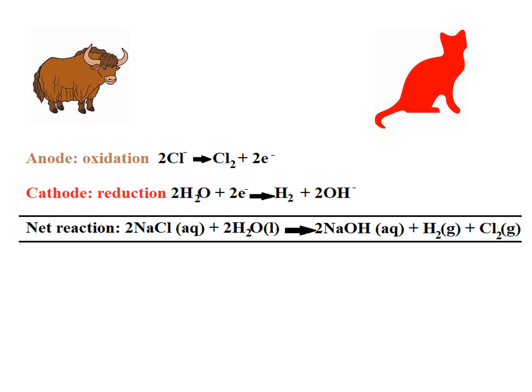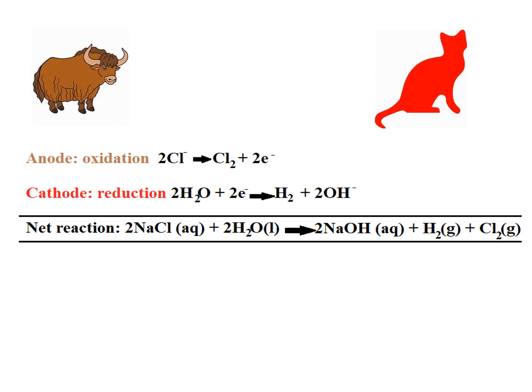The balanced equations for this electrolytic process are as follows. At the anode, you will find oxidation, where 2 chloride ions produce chlorine gas, Cl2, plus 2 electrons. At the cathode, reduction happens, where 2 water molecules receive the 2 electrons and form hydrogen gas and 2 hydroxide ions.